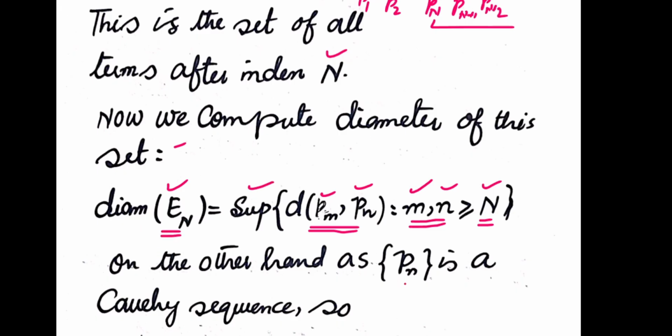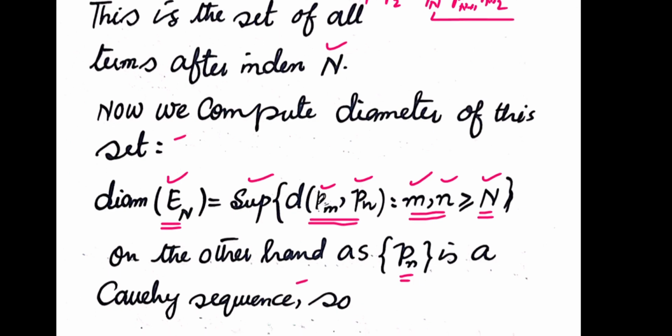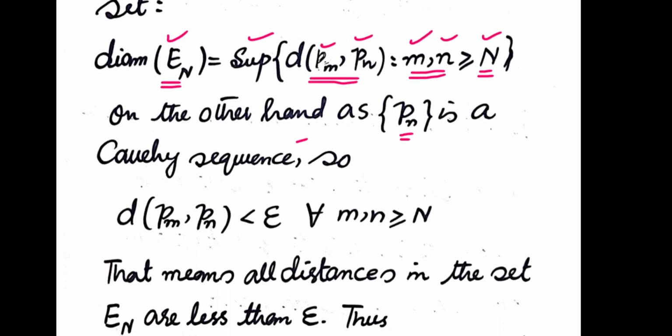On the other hand, as Pn is a Cauchy sequence, this distance is always less than epsilon for all m, n greater than or equal to N. Now combine these two. In this set, we are interested in finding the distance between all those terms whose indices are greater than or equal to N. On the other hand, the Cauchy condition says this distance is always less than epsilon.